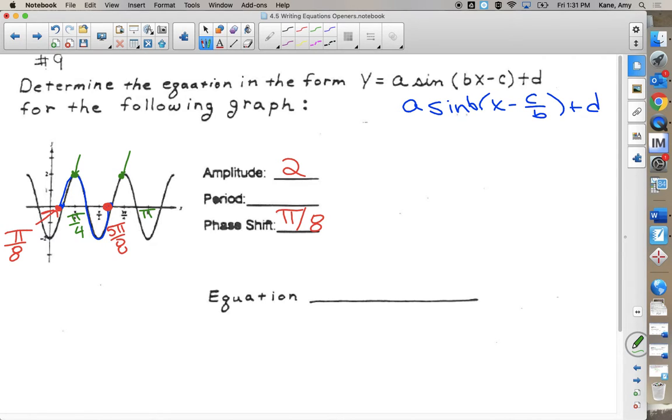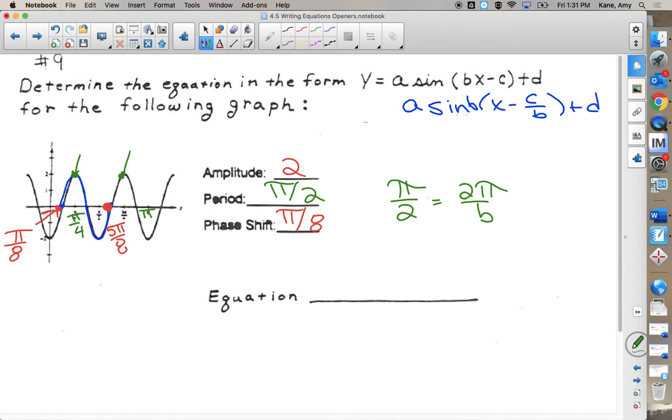So you can look at either one, whichever is easier for you to view. So if our period is from pi over 8 to 5 pi over 8, or pi over 4 to 3 pi over 4, the entire distance should be pi over 2. That's the stretch from one to the next, the full cycle of the graph. And then we use that to find b.